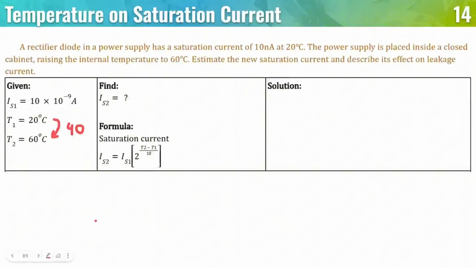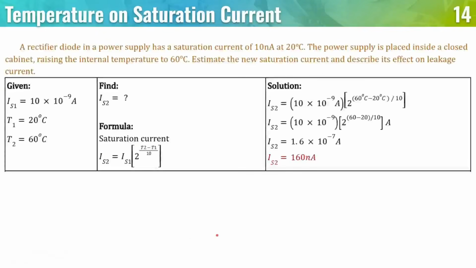I'm computing it mentally: 10 times 2 is 20, times 2 is 40, times 2 is 80, times 2 is 160. Let's confirm if that is the case. And yes, it is. So it's going to be 160 nanoamperes.